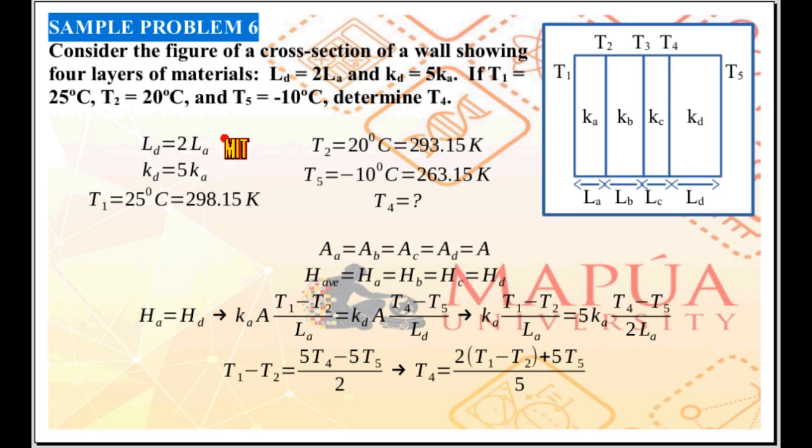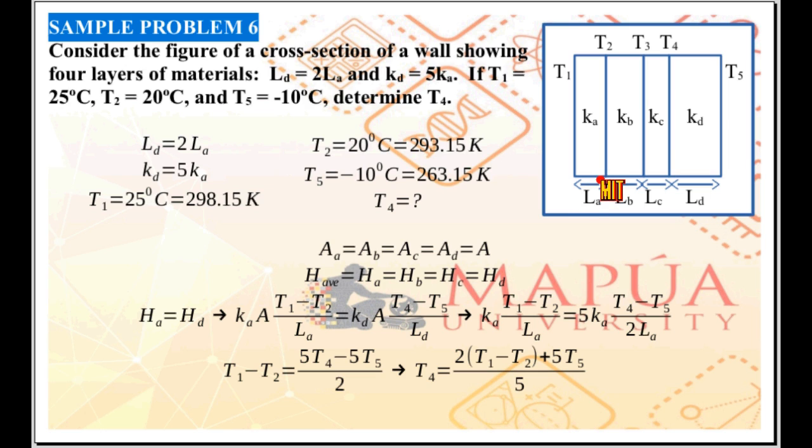Clearly, the problem is comparing layer D, material D, with layer A, material A. So let's do the same thing for our heat transfer rates. Let's compare HA with HD. HA is equal to HD. Conduction, therefore H is equal to KA(TH minus TC) over L. For HA, that will give you KaA(T1 minus T2) over LA.